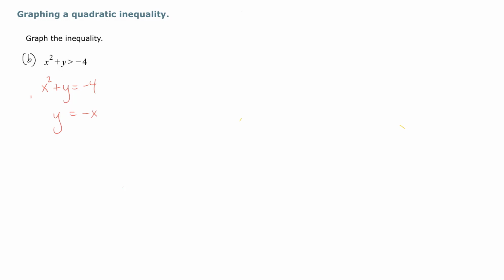You're trying to graph this parabola. And once again, we're going to get this in a graphing form: y equals negative (x minus 0) quantity squared minus 4. So you can see the vertex. The vertex is (0, negative 4). Make sure you get 3 ordered pairs.